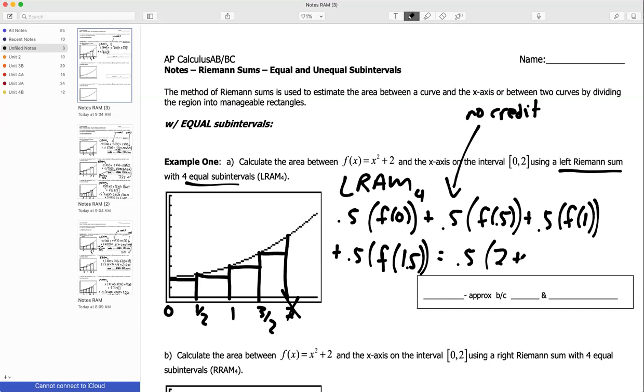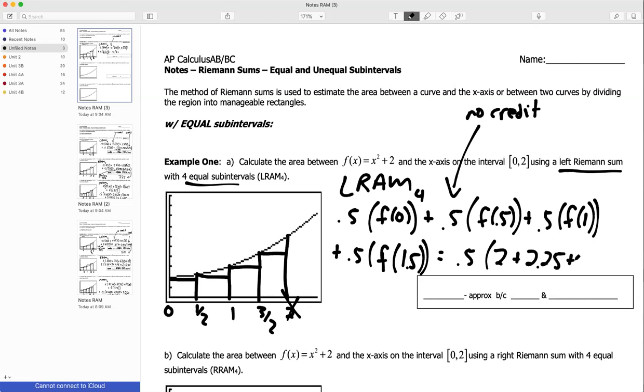And then I need to find f of 0.5. So I plug in 1/2. 1/2 squared is 1/4. So I've got 1/4 plus 2, which is 2.25.